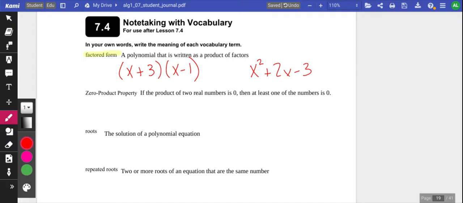So this is not factored form. This is factored form. When it's two things being multiplied together, that's a polynomial in factored form.